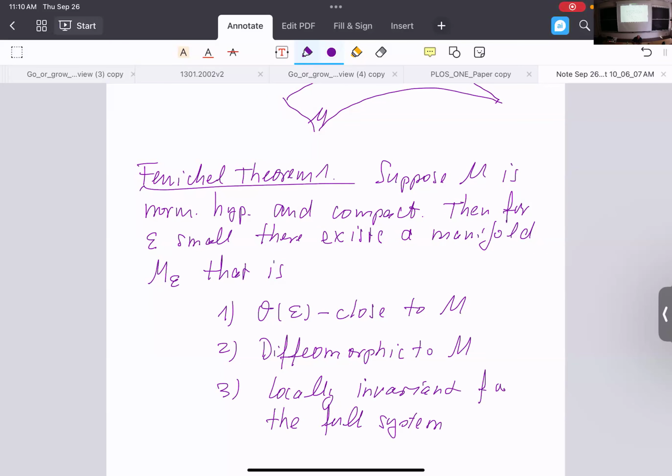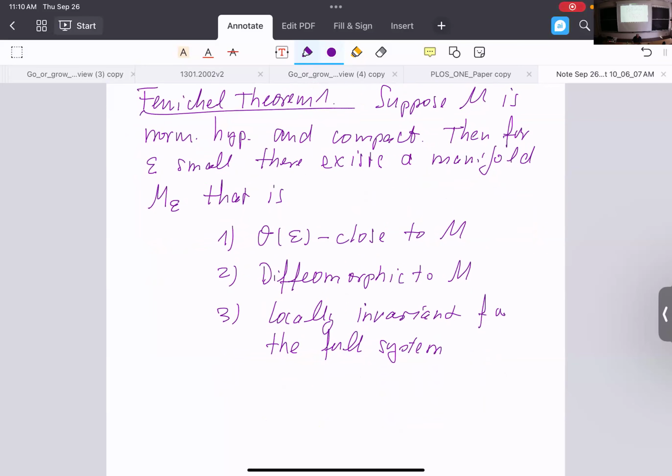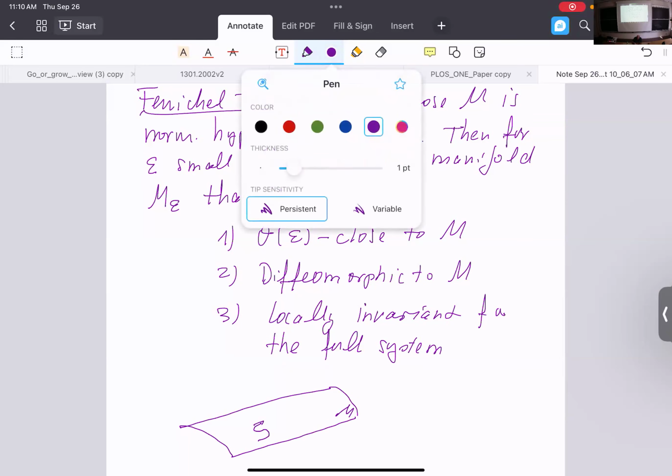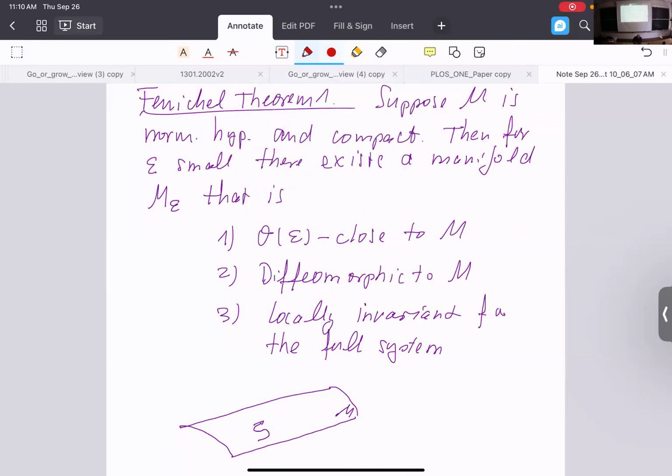Okay, so how to plot this? It's always good to have an image in mind. Let's say this is M. And on M, we solve the slow system. Now it says the real system, the original system, has a manifold which is super close by.